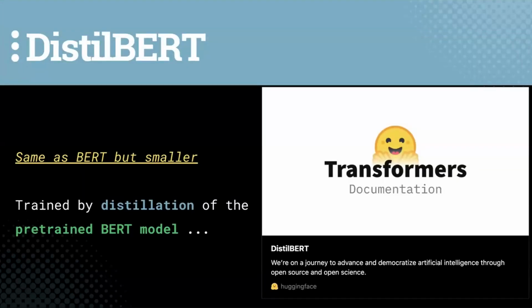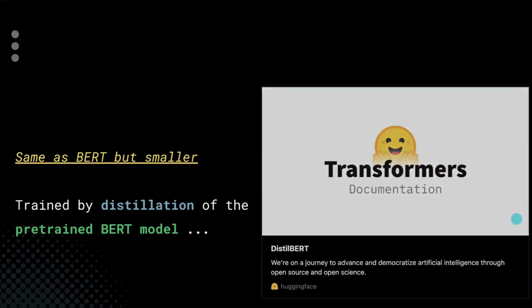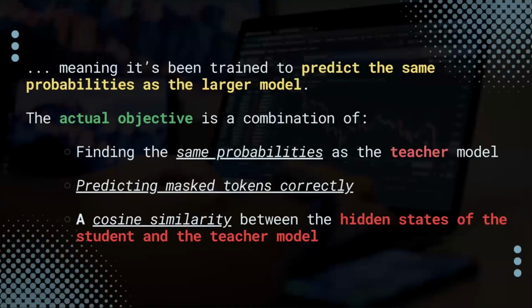So DistillBERT is the same as BERT, but smaller. Finally, Hugging Face comes in and they write some words that we can actually understand, not in this research jargon. It was trained by distillation. Specifically, the way they talk about it is it's just being trained to predict the same probabilities as the larger model, hence the softmax of the logits.